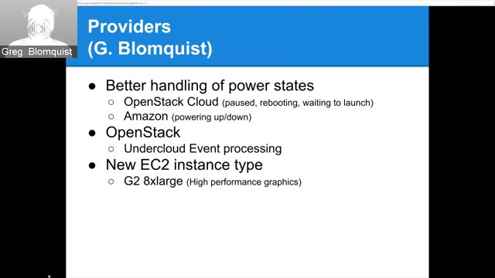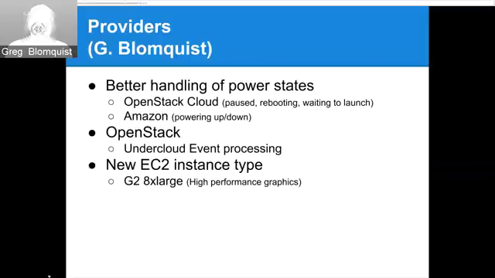One of the improvements that made it into Sprint 23 deals with handling the provider power states from our cloud providers a little better. Specifically, we're now doing a better job at showing the power states of OpenStack and Amazon. So with OpenStack, we can show paused, rebooting, when the instance is rebooting, and when it's waiting to launch.